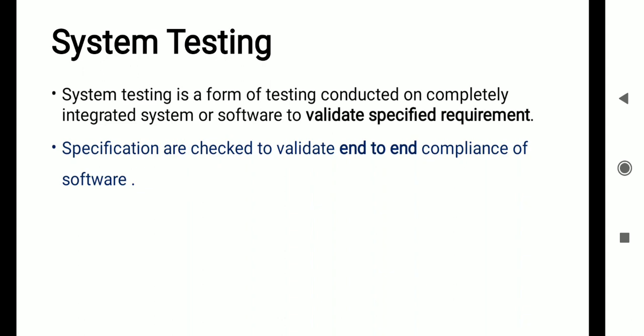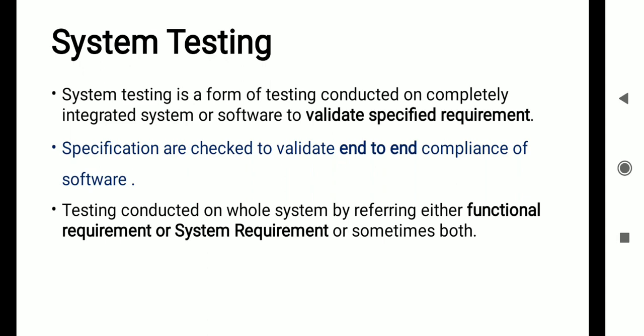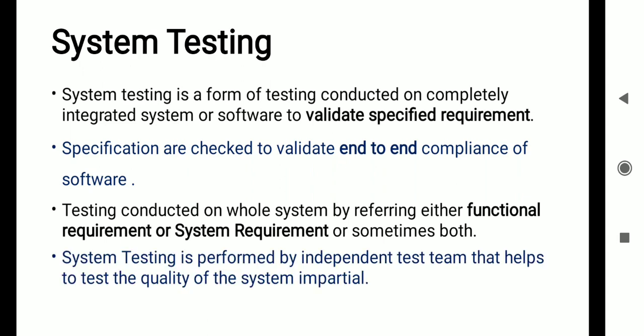You just need to give the input and see the output of the program, or the application. Testing is conducted on the whole system by referring to functional requirements or system requirements or sometimes both. So you need both of this information to do system testing. System testing is performed by an independent test team that helps to test the quality of the system impartially.